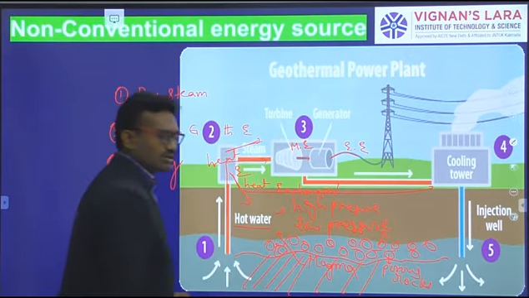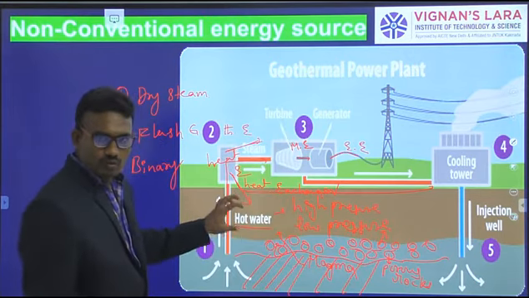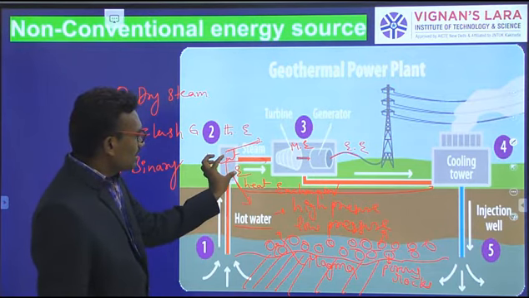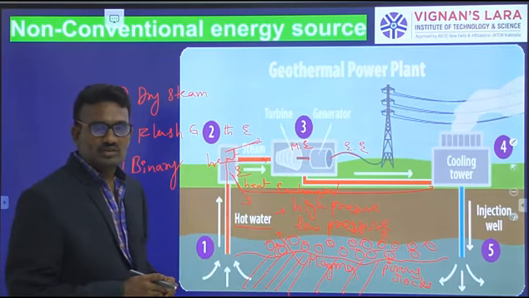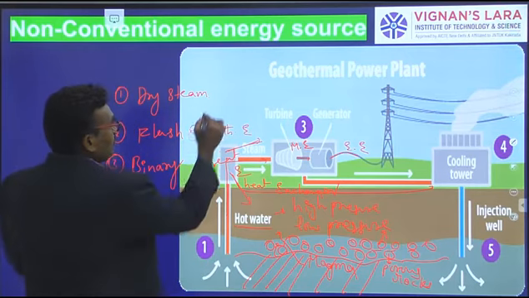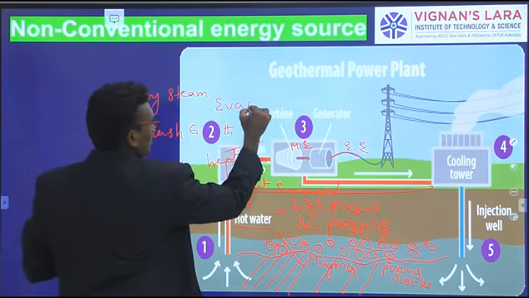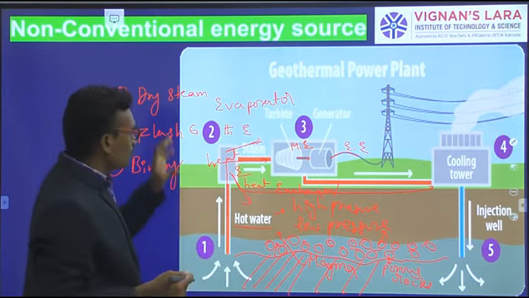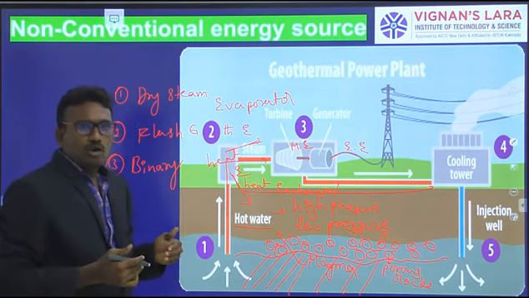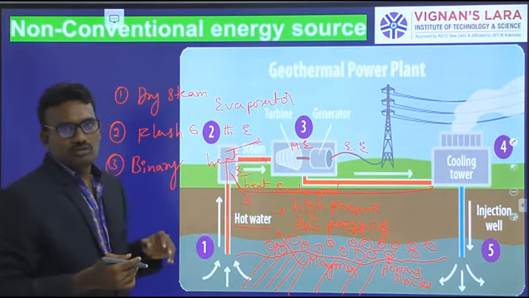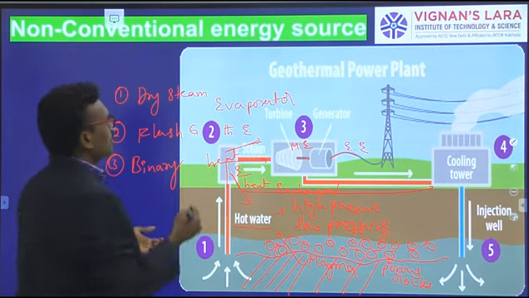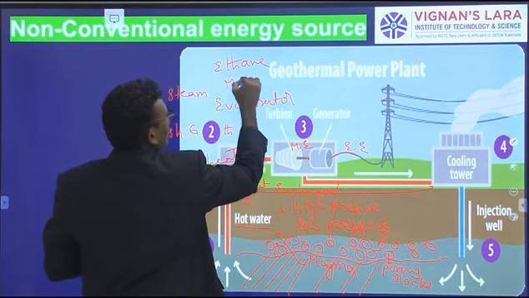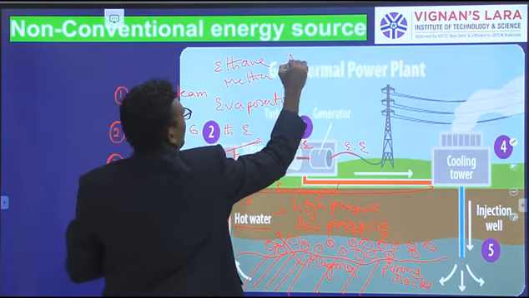The low pressure hot water is first passed into a heat exchanger or evaporator, where a low boiling point liquid is available, like ethane, methane or ammonia.